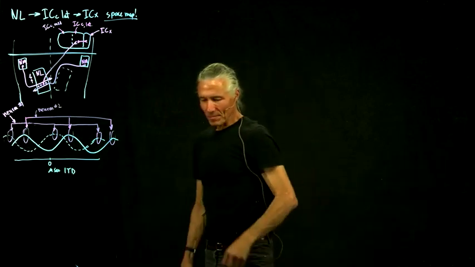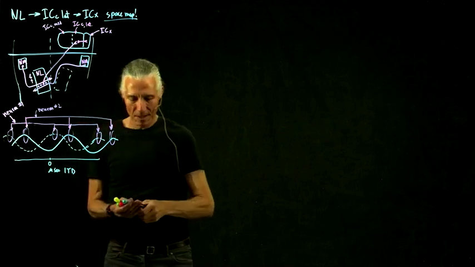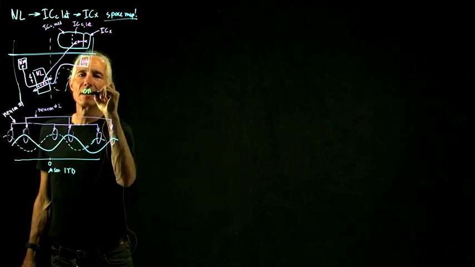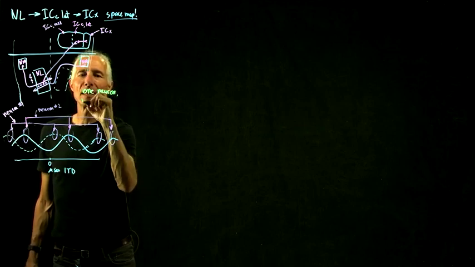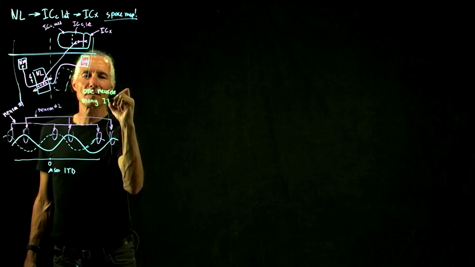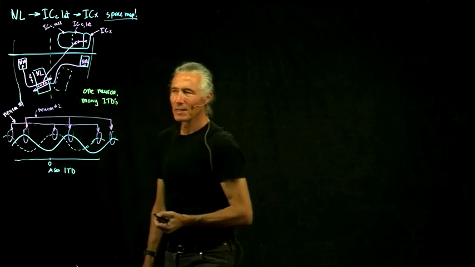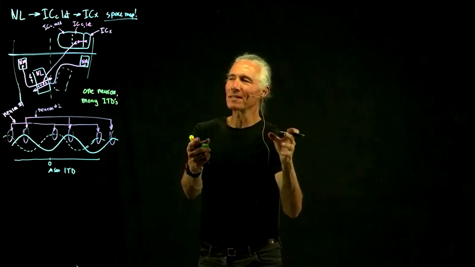So what are we doing there? What we're doing there is looking at one neuron, many ITDs. This is all, like I said at the beginning, we always have to reduce everything down to two dimensions. We only got two useful dimensions to work with.